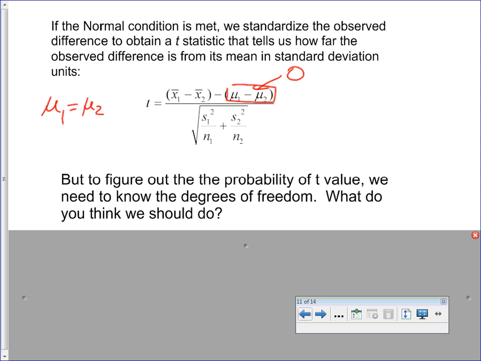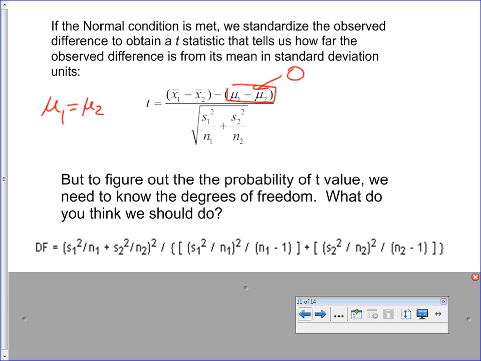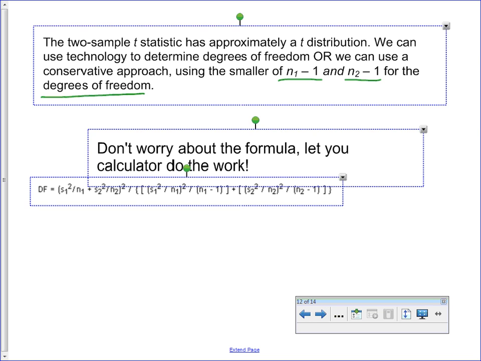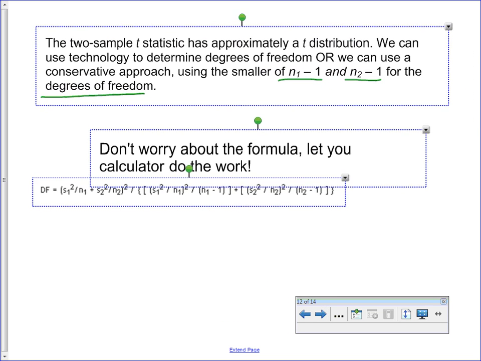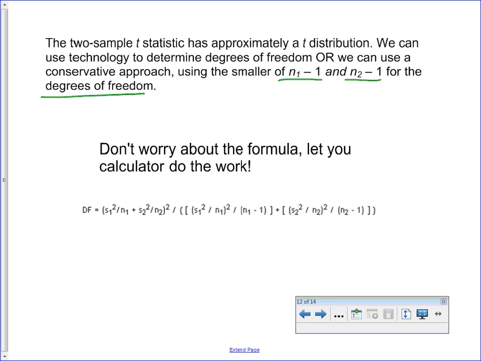But there is also a formula, which is this crazy formula right here, which gives a more accurate degrees of freedom. If you were going to publish, you would use this one.